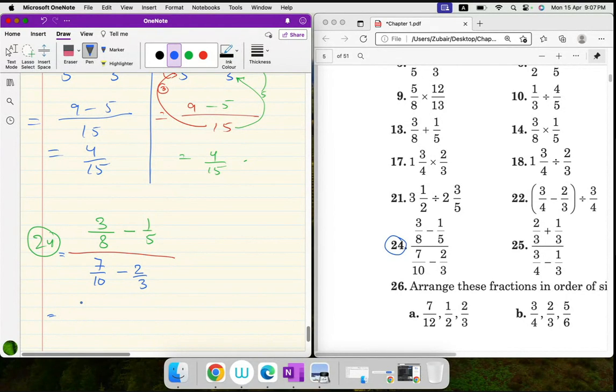Try to do it manually and I'll check the answer on the calculator. This one. Seven.